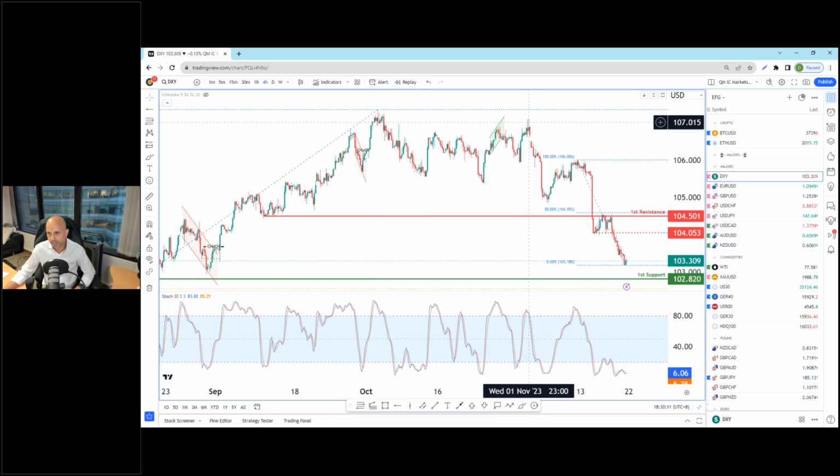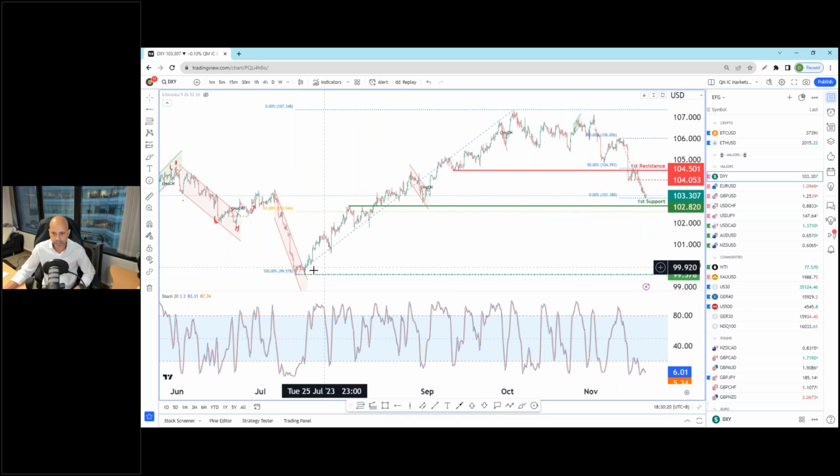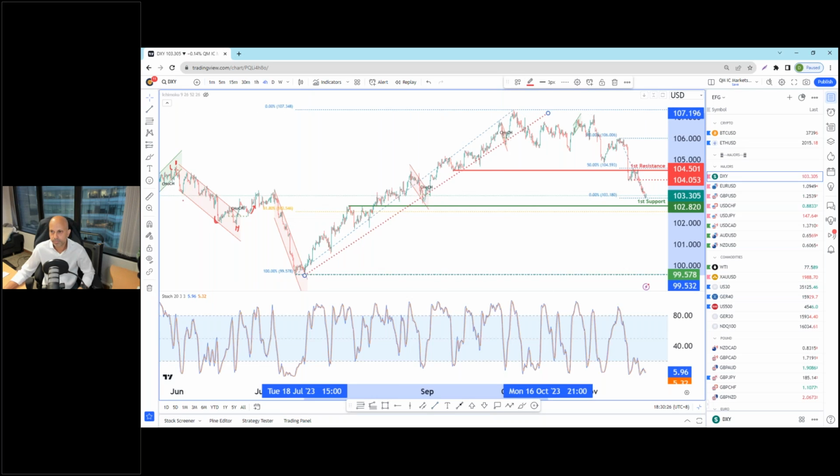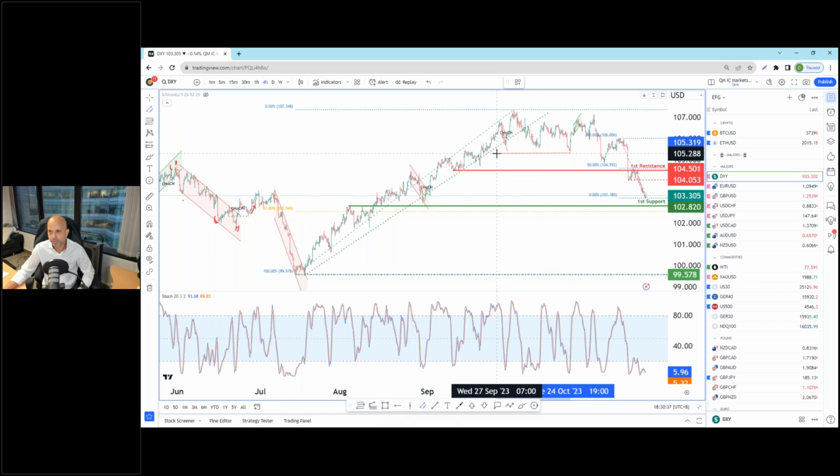Since the start of November, the dollar index has been in a very strong bearish trend. We can clearly see the bullish trend was broken. This was a pretty strong bullish trend which finally got broken, and then we could argue that price was roughly consolidating between these two levels here.